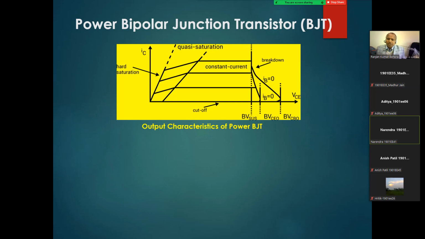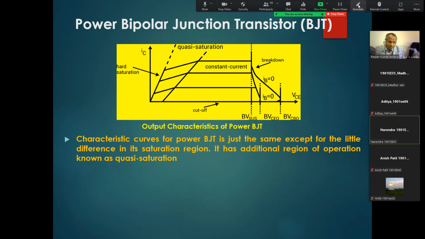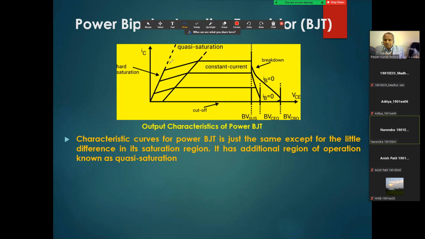If you see a power BJT output characteristic, it is a little different. In the saturation region, an additional operating range is also defined, and in the power BJT you have a quasi-saturation region. This is the hard saturation region, and this is between, the quasi-saturating region. That means between this period, for example, you have a base current.